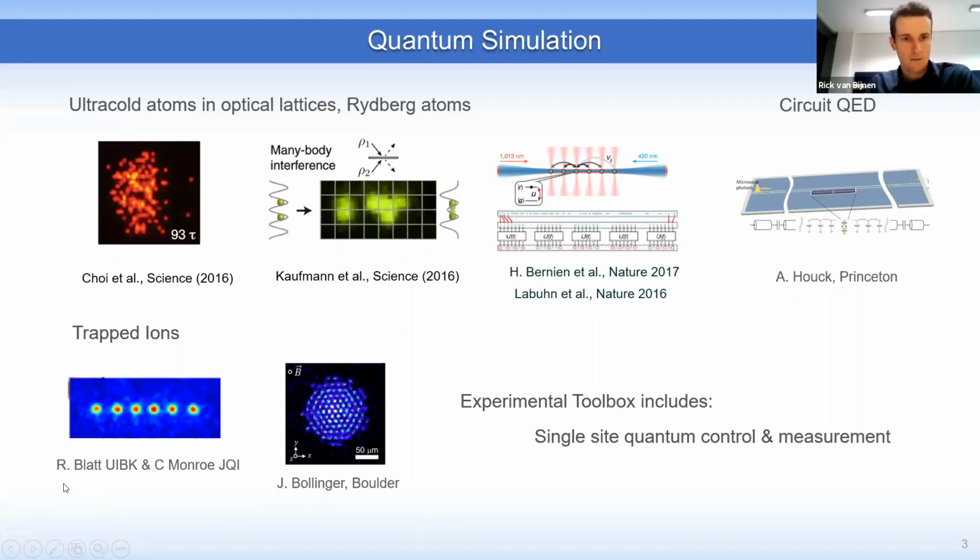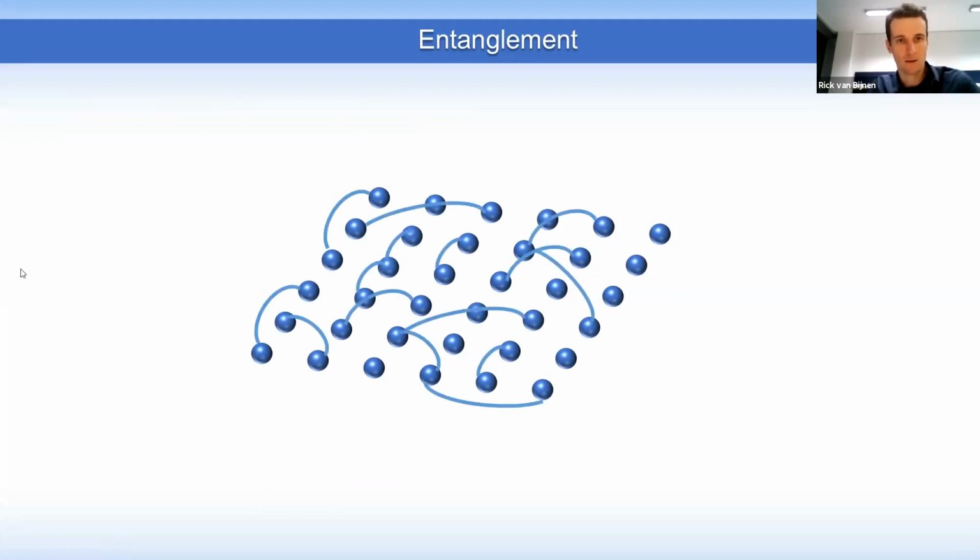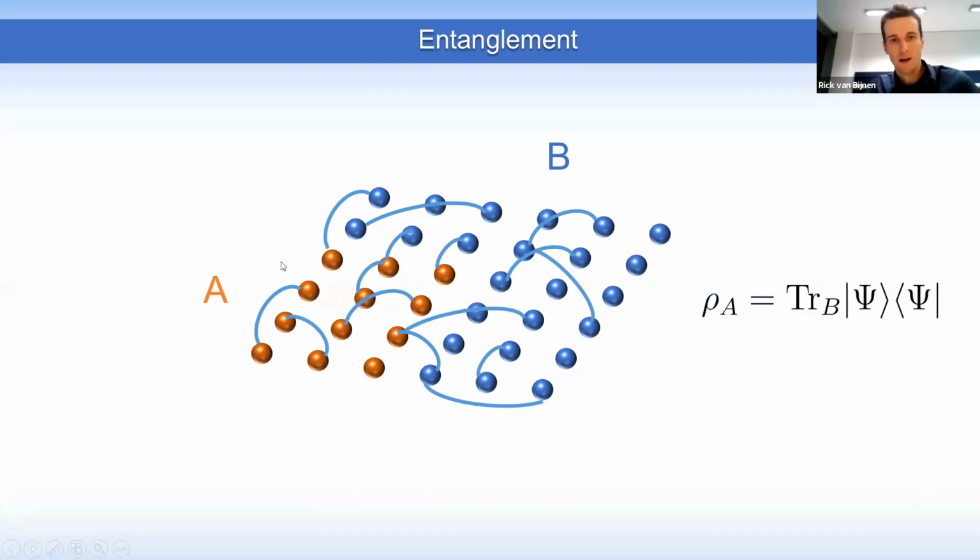And obviously what is interesting about quantum matter is entanglement, right? These particles are all correlated with each other. The way to study and quantify entanglement is usually that you divide your system into a subsystem A and a subsystem B. You can then write down a reduced density matrix for system A. And this density matrix will be mixed because you have been cutting some of the links to the environment, to the remainder of the system.